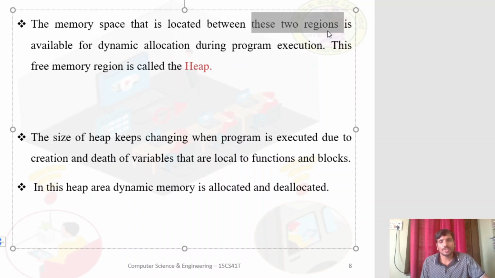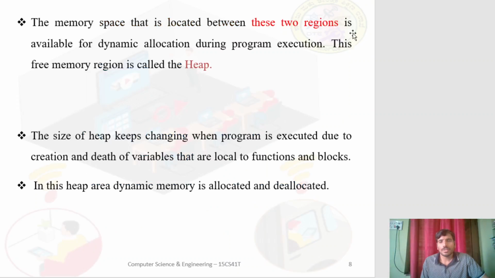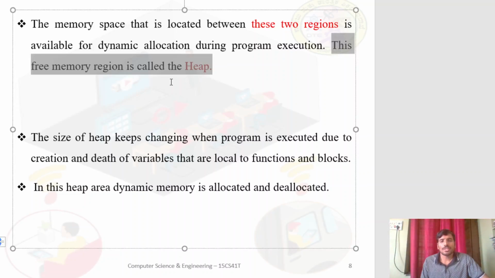What are those two regions? Stack region and permanent storage area region. ಇವೆರಡರ ನಡುವೆ ಯಾವ memory region ಇರುತ್ತೋ, which is available for dynamic memory allocation during program execution, this memory is called heap.